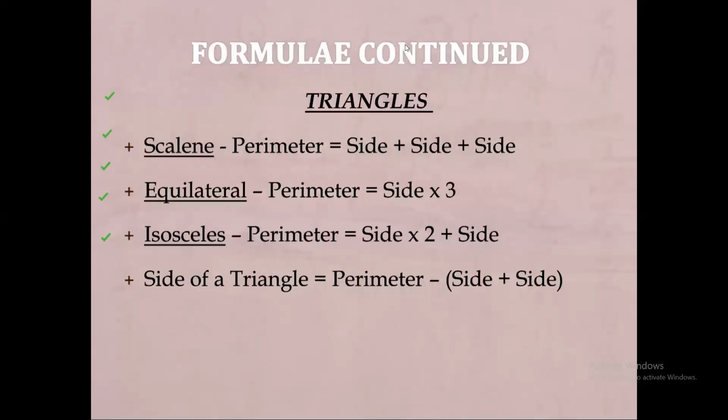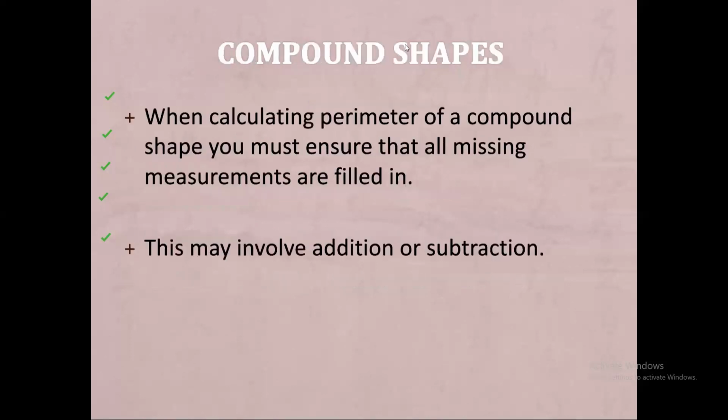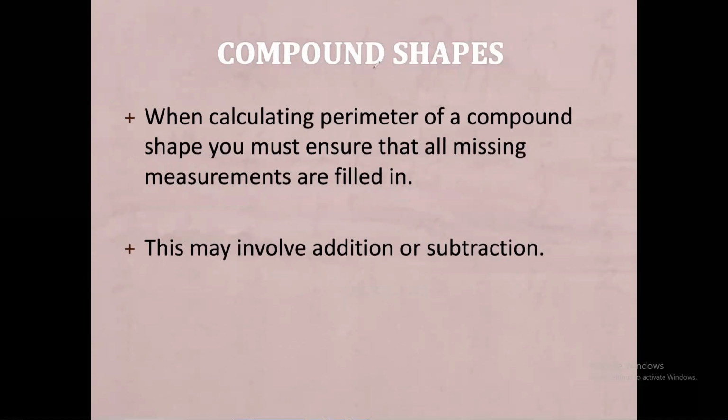So in addition to triangles, as I said, there are compound shapes. And we spoke about the fact that a compound shape means that you have taken 2 shapes. For example, I take a rectangle like this, and then I join up with another rectangle like this, and I get a sort of L. That's a compound shape.